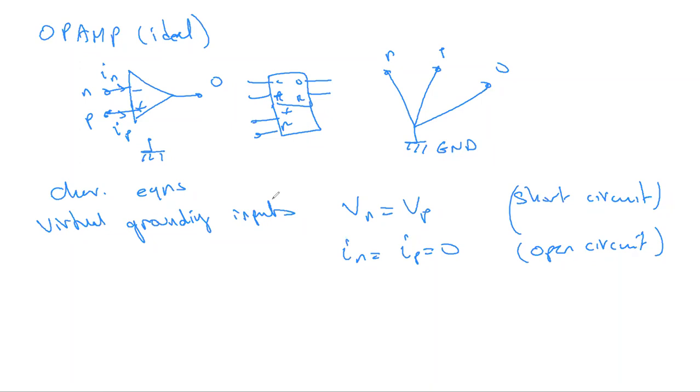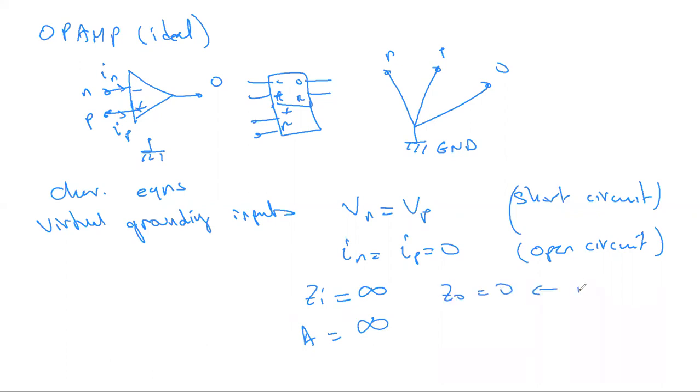One of the reasons is that we have this sharp, abrupt definition in the characteristic equation. This is an ideal element. The input impedance Zi is infinity. The differential gain is also considered to be infinity, and the output impedance is equal to 0.